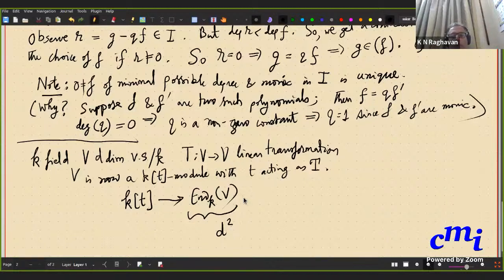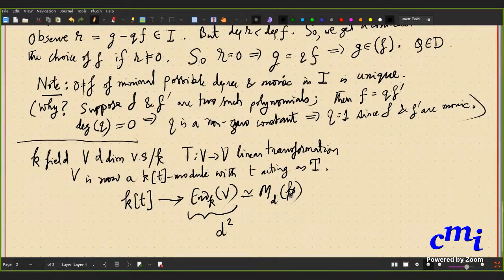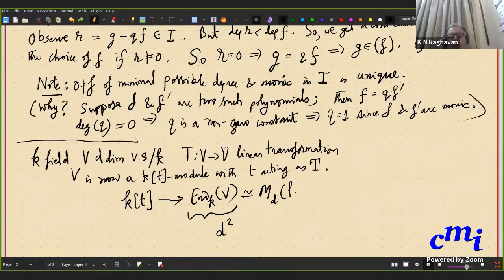In fact, it's isomorphic to this ring, M_d(K), the d by d matrices over K. This is a ring, and it's isomorphic to this ring, right? That's what we said. And this is clearly d squared dimensional as a vector space over K. So this is a ring homomorphism.